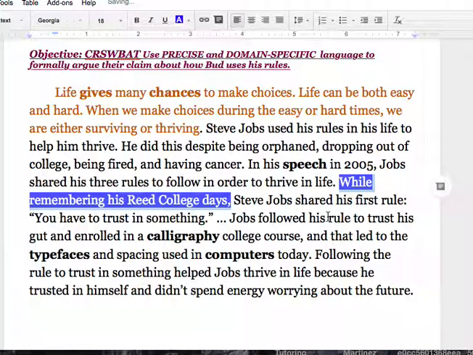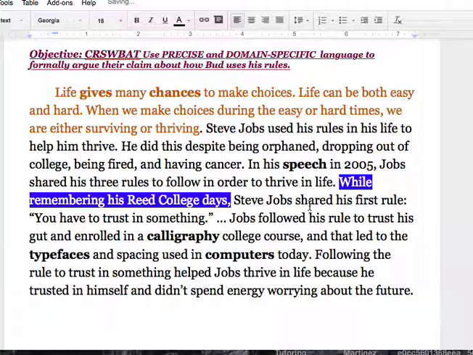As you see in Bud, Not Buddy, there's a specific instance, a time frame, a place, an interaction, something that happens with him and another character or with his internal self where he has to use this rule. So for example, when he's very angry at Callaway, he breaks one of his rules, right? So that can be an example of when he's using that rule. So keep that in mind.